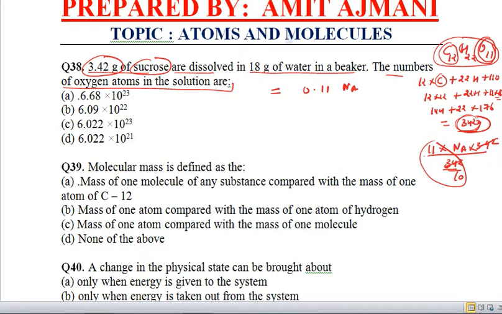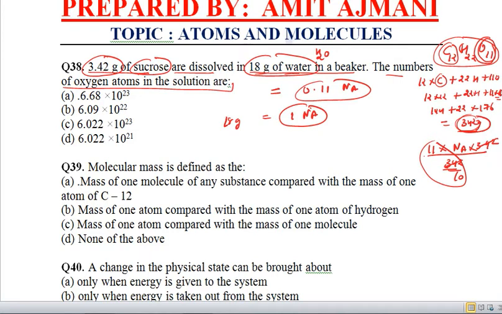Now we know that if we are talking about water, water is H2O. So in water, we have got the gram molecular mass is 18 grams. In 18 grams, the number of oxygen atoms is 1 mole. Therefore, if we are dissolving sucrose into this water, in water we have got 1 mole of oxygen. In sucrose we have got 0.11 mole of oxygen.